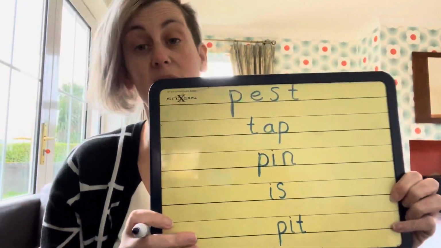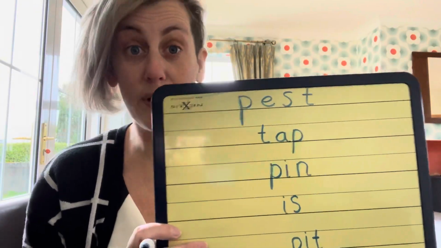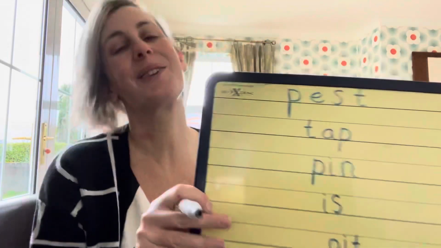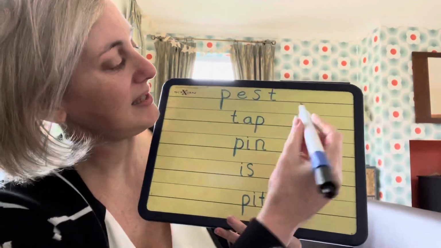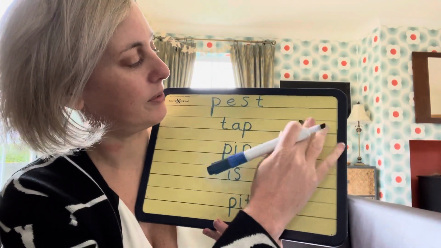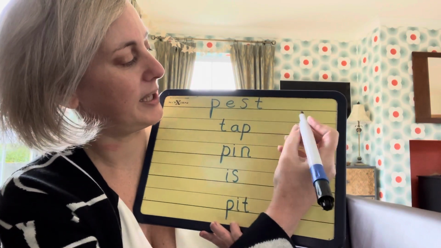And I'd also like to introduce you to some tricky words this week. I'm going to start with the very first one. I'm going to use a different colour marker to write it. And I'm going to put up a song to help you with the tricky words as well. Sorry, I'm going to rub that out because it's breaking up again.